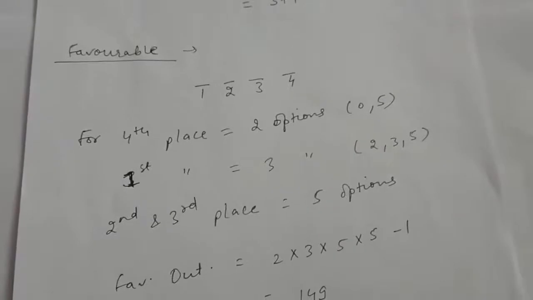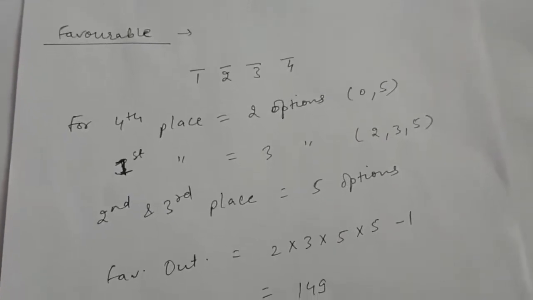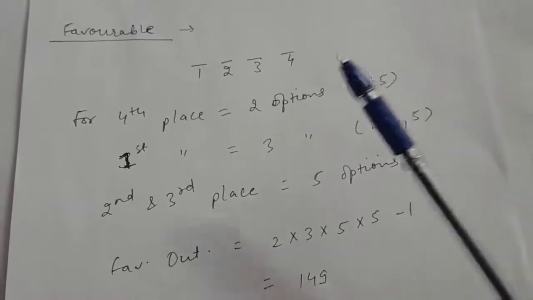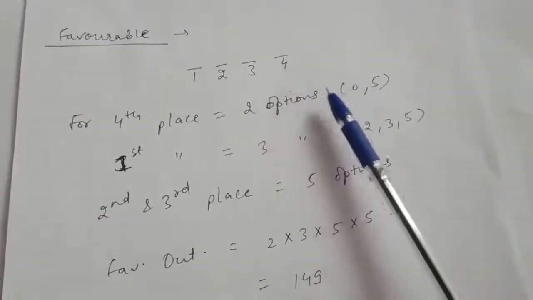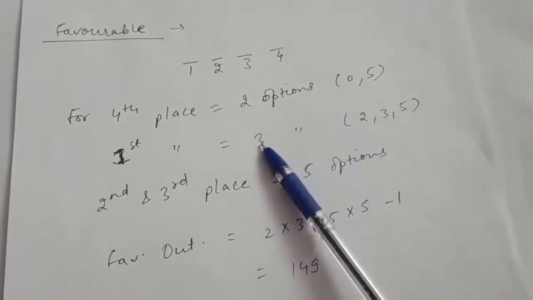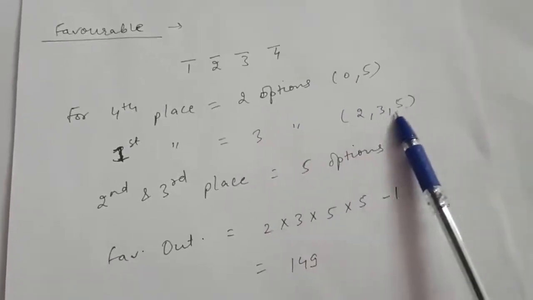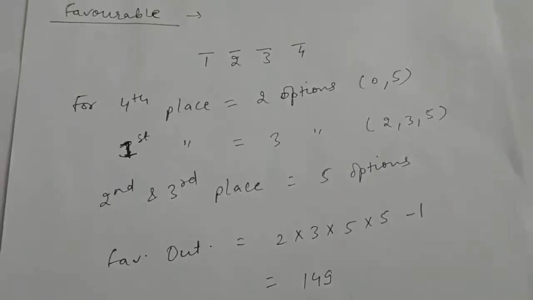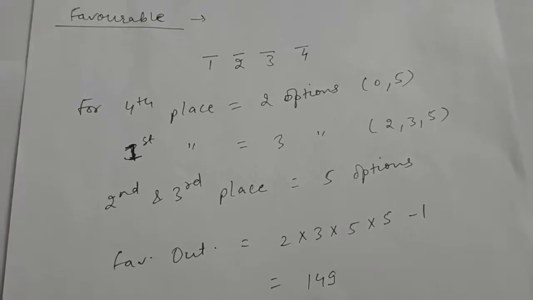Now favorable cases will be the numbers greater than 2000 and also divisible by 5. So if the number is divisible by 5, the fourth place can be filled either with 0 or with 5. That is 2 options. For the first place, again 3 options. The second and third place, 5 options because digits can repeat.